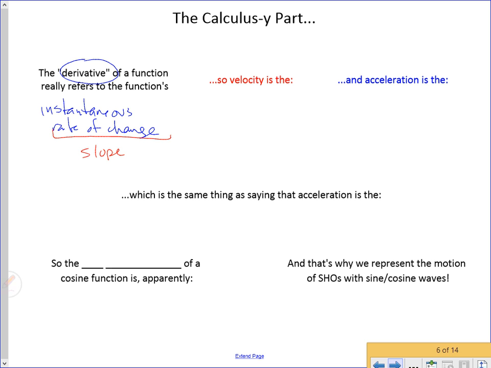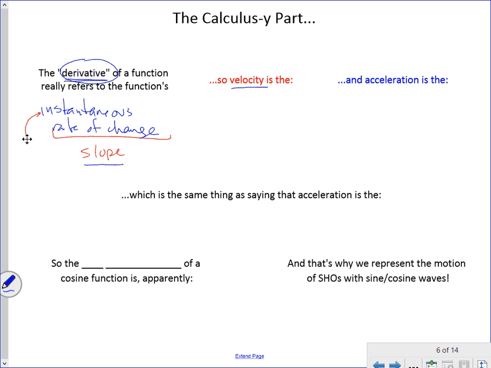So for us, we really need to be able to talk about the instantaneous rate of change of, in one case the position, or in the other case the velocity. So really what we're talking about is, what are the derivatives of each of these functions? If a derivative talks about the slope, well, we know that velocity is the slope of a position-time graph.